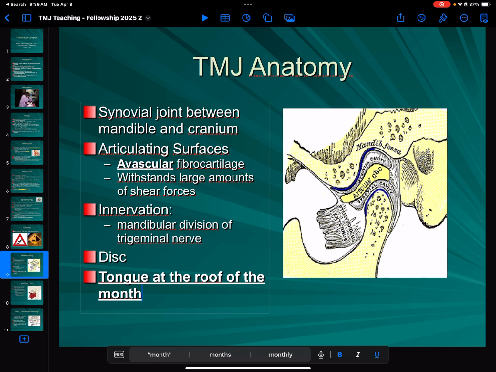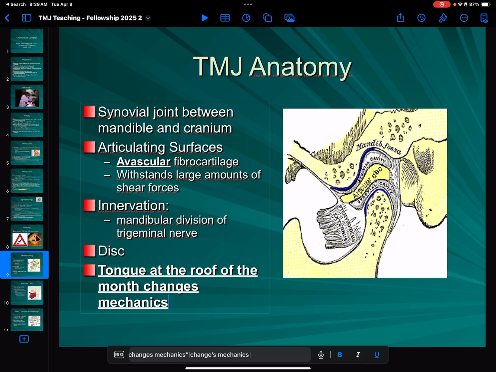You've got the concavity and the convexity where they're coming together, and as you open, there's a rotation component. If that translation is happening too soon, you could have that joint pop out a little bit. If rotation's happening first, it's not as likely to pop out and cause some of this irritation. So we'll get into more details. I know that didn't make sense yet, but it will later.